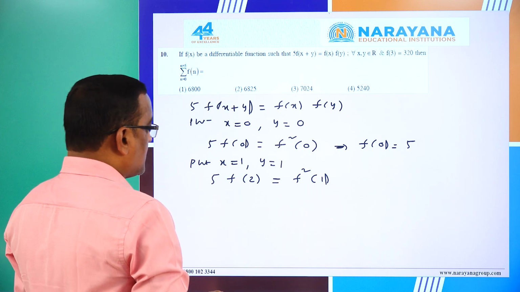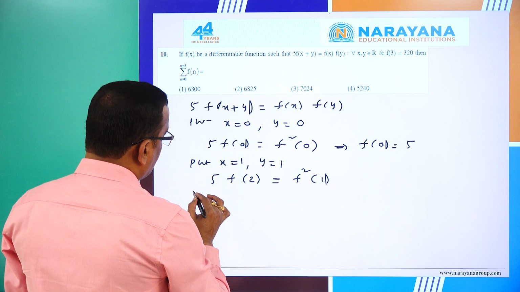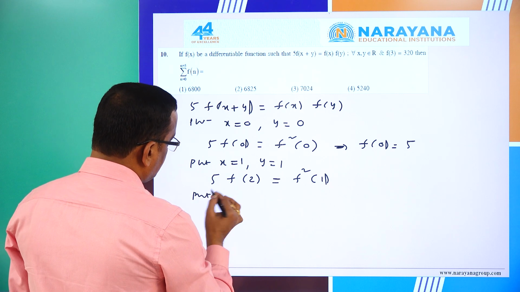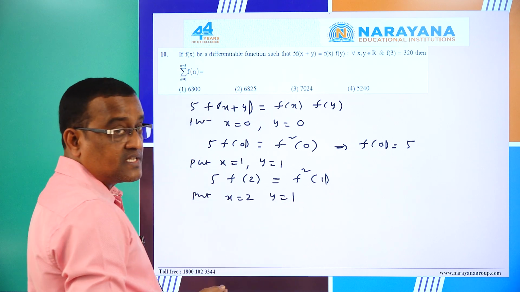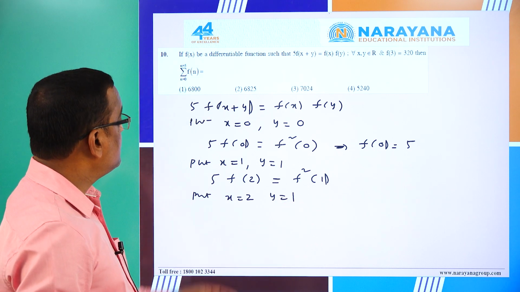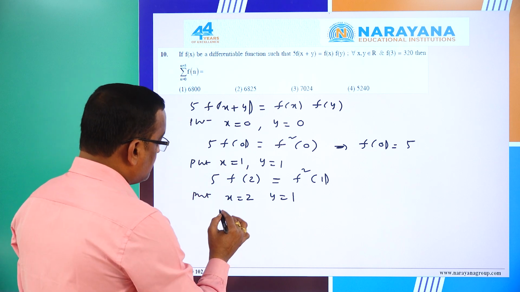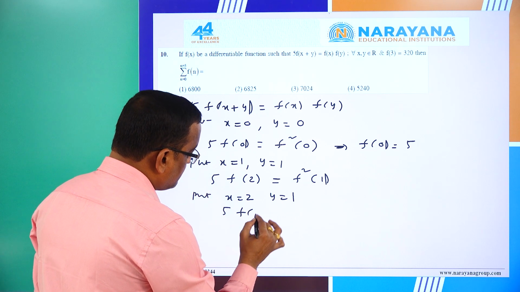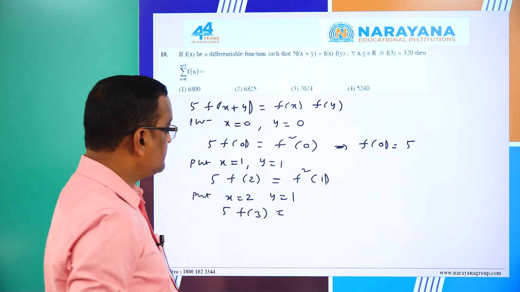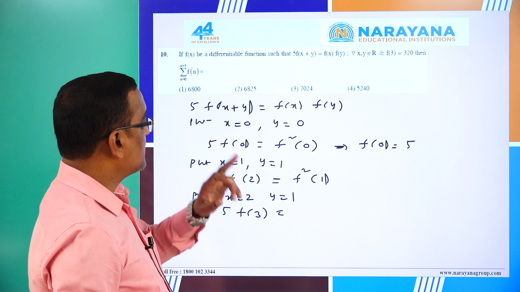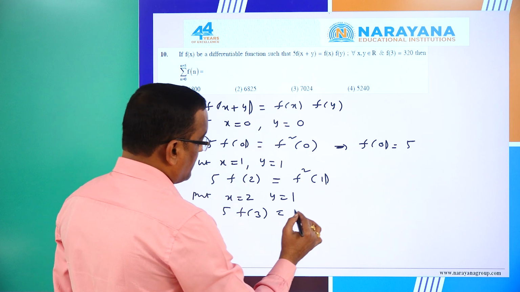And now substitute x is 2 and y is 1. This will be 5 into f of 3 is equal to f of 2 into f of 1.